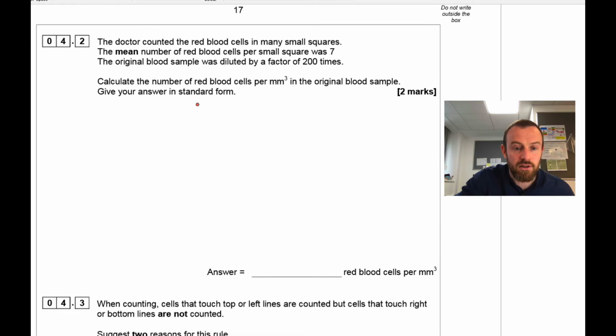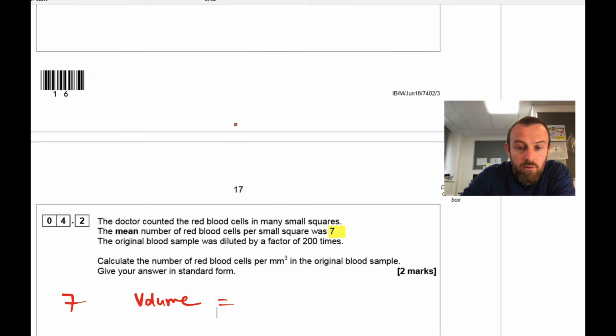The doctor counted the red blood cells in many small squares. The mean number of red blood cells per small square was 7. Okay, so 7 is the mean, but we need to work out the volume of the small square. So how do we work out the volume?